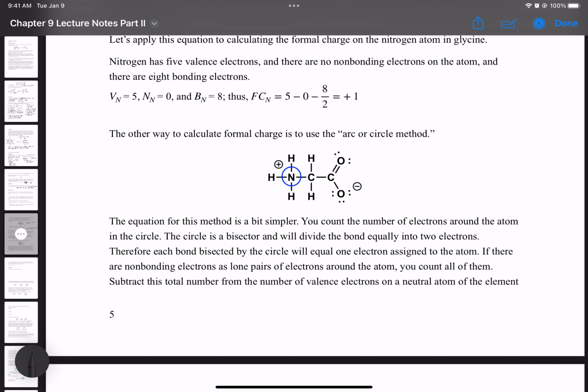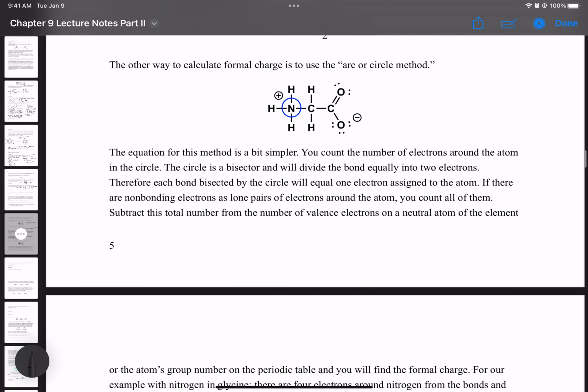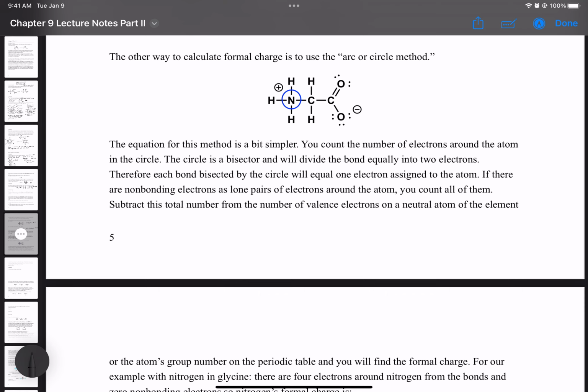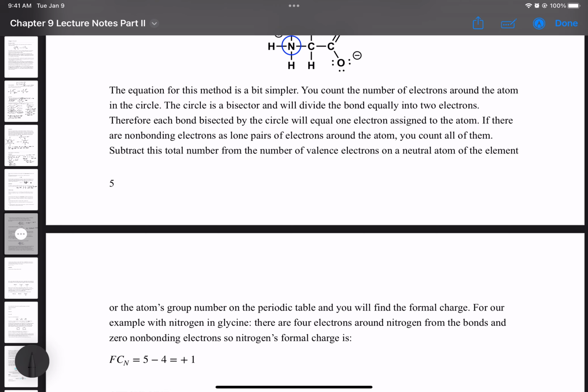Okay? So now if there's a lone pair on nitrogen, since we circled the nitrogen atom, both of those lone pair electrons will be in the circle, so we count both of them. Now we take the number we counted as part of the circle, in this case it's 4, and then we simply subtract that from the group number or valence number of electrons on the neutral atom of nitrogen.